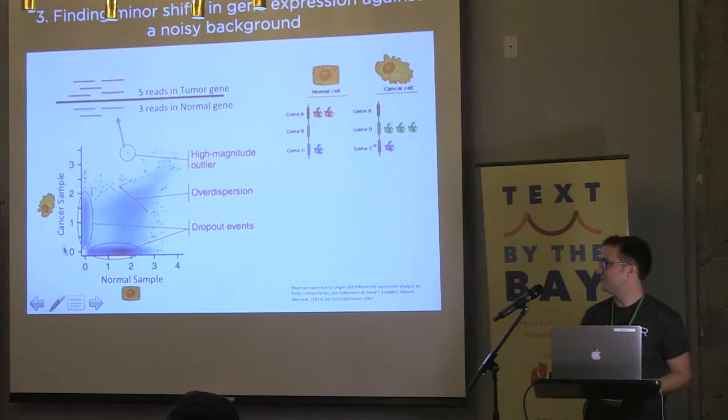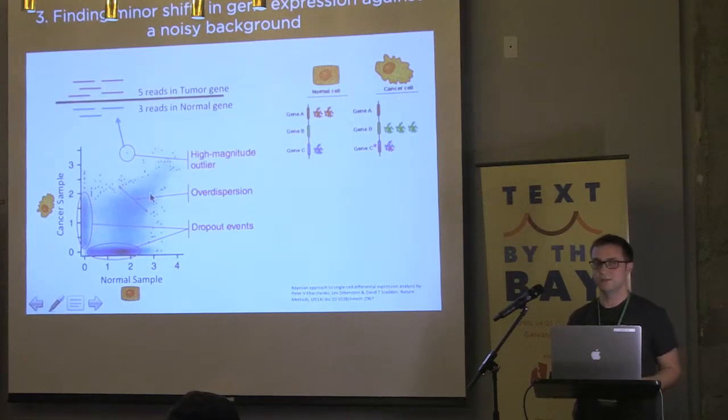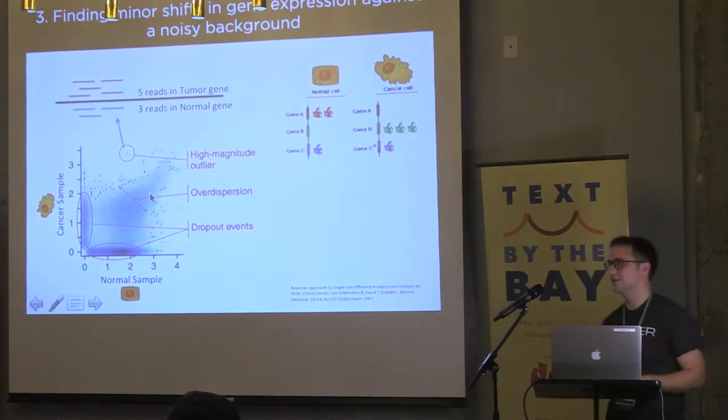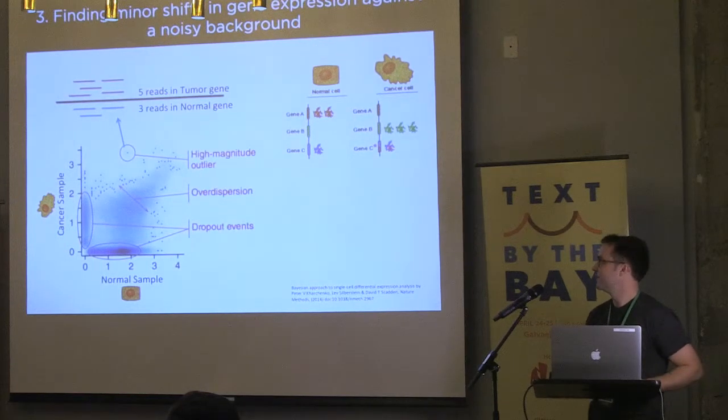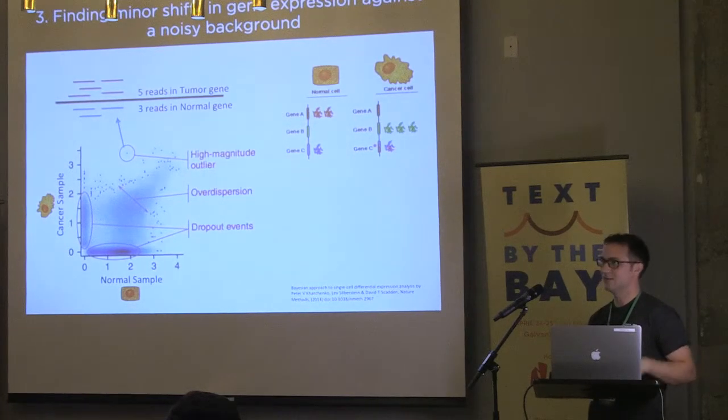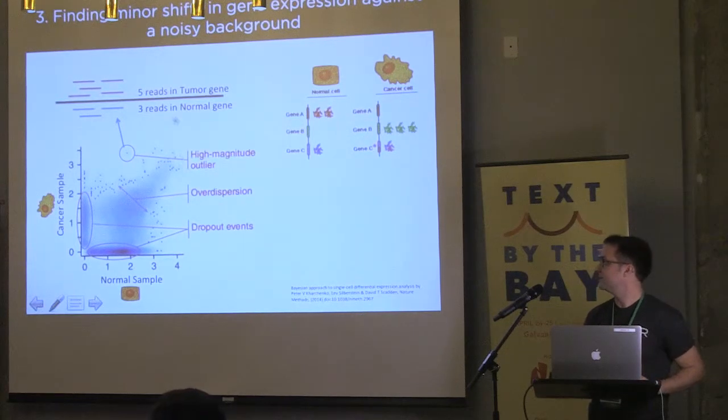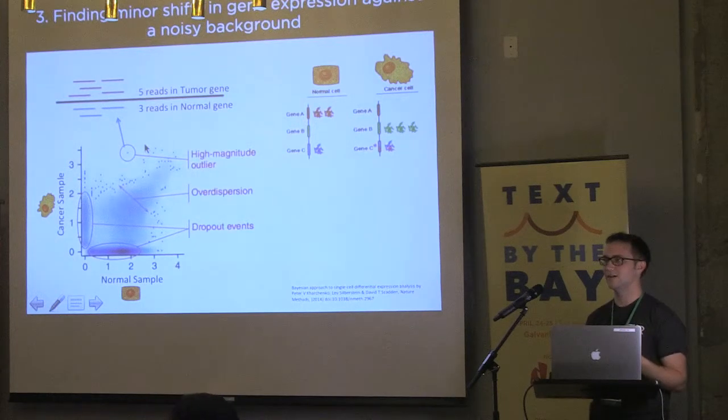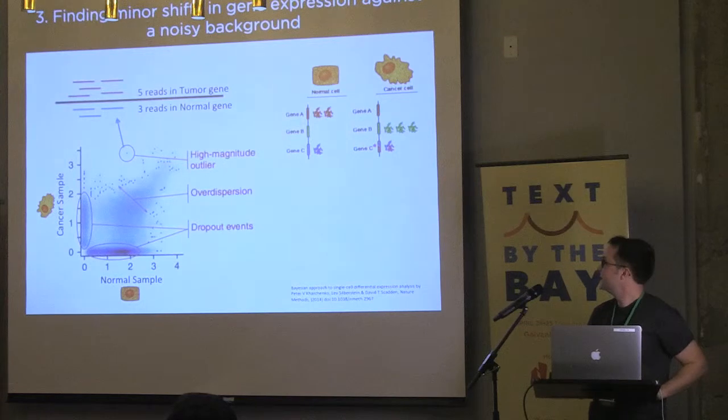And there's a lot of noise in this kind of data, unfortunately. You've got about 20,000 genes. There's a lot of dispersion. A lot of different genes are just going to be randomly overexpressed or underexpressed. It's really complicated stuff, but every once in a while you'll find really high magnitude outliers that you can really hang your hat on. And those are the situations that we look for.